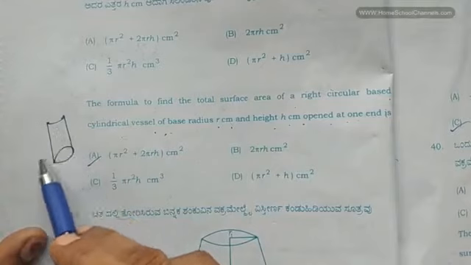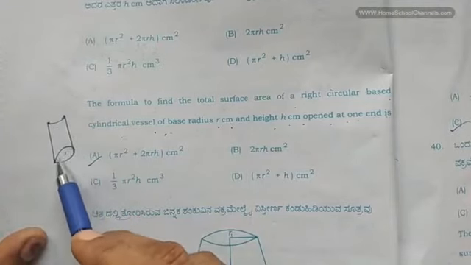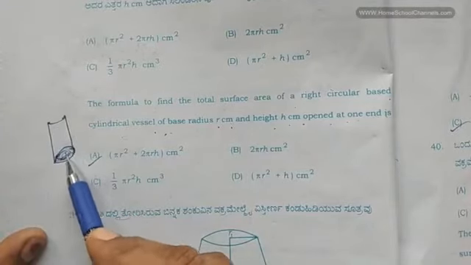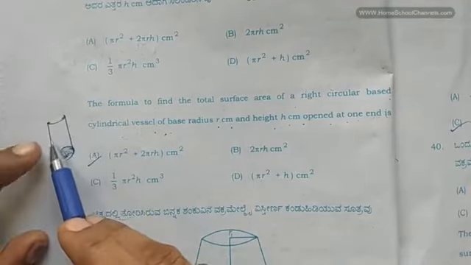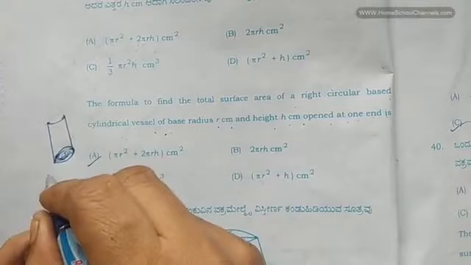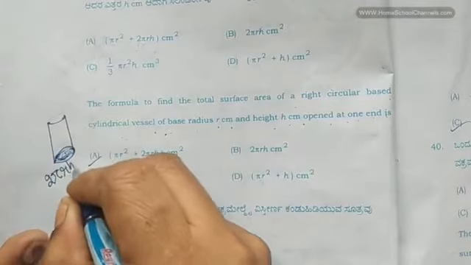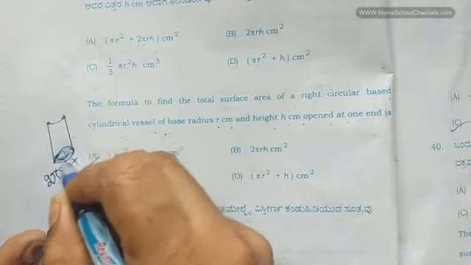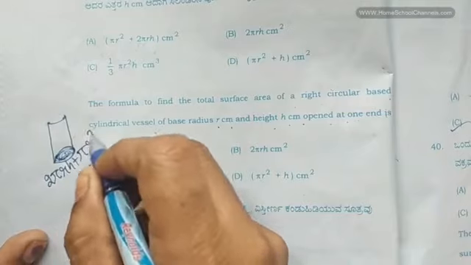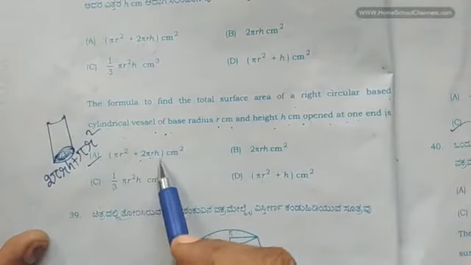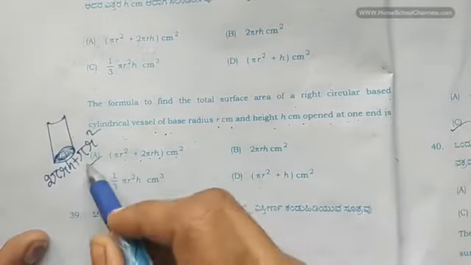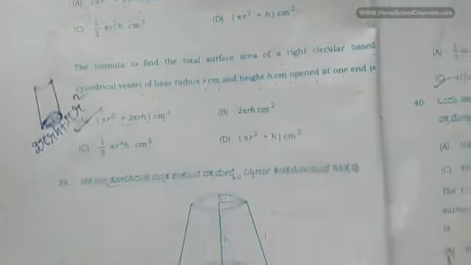You can see the curved surface area of a cylinder and the area of the base. One end is open, so I don't consider the top. CSA of a cylinder formula is 2 pi r h plus area of a circular base pi r square. Check for the option here. Pi r square plus 2 pi r h centimeter square. Yes, option A is the right answer.